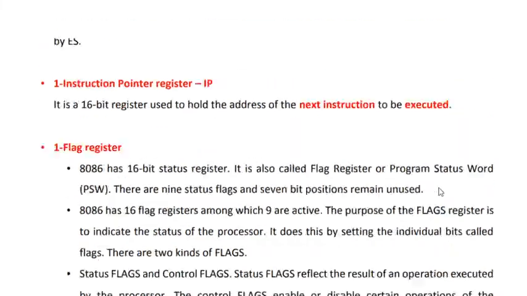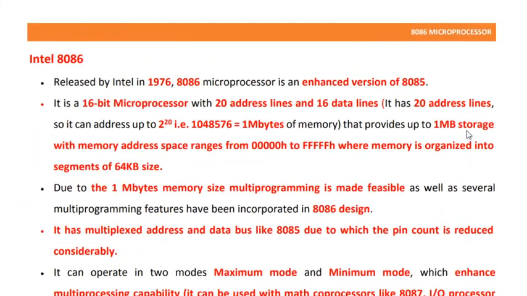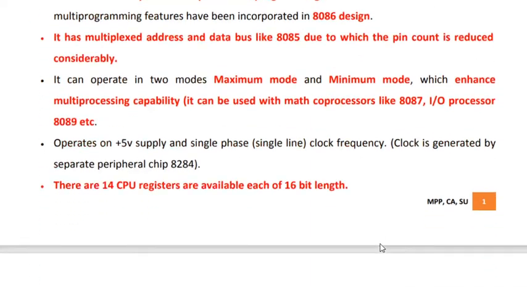So in this class, what we have learned is what the 8086 microprocessor is all about, what are the features of the 8086 microprocessor. We have discussed in brief the various modes of operation of the 8086 microprocessor.